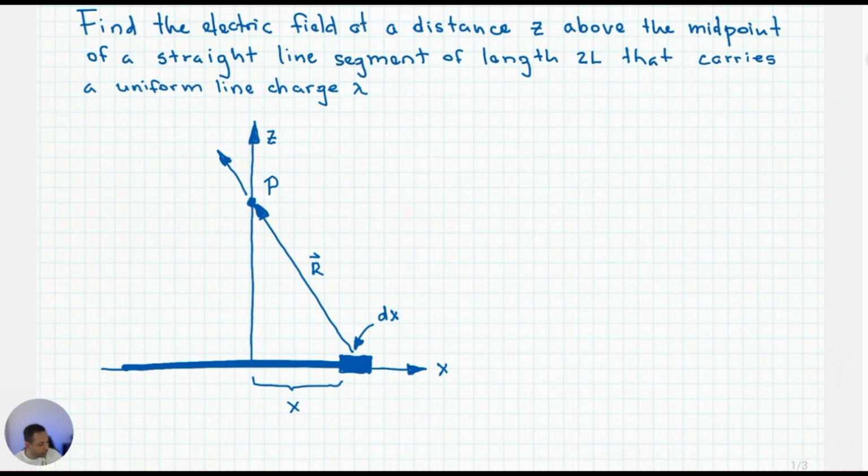We have the line segment lying on the x-axis. This is x equals 0.